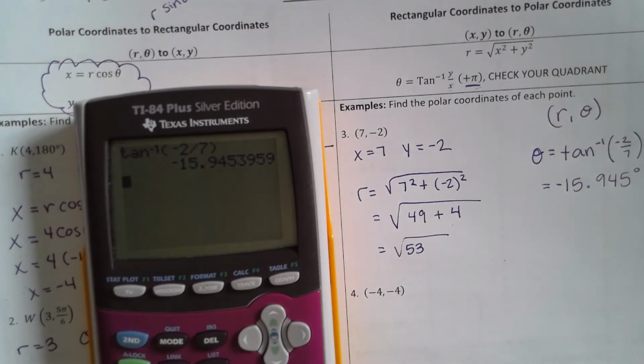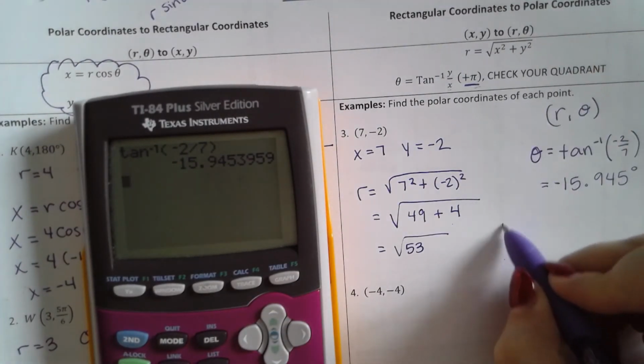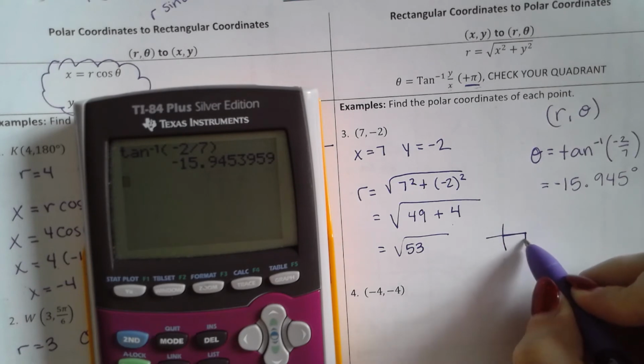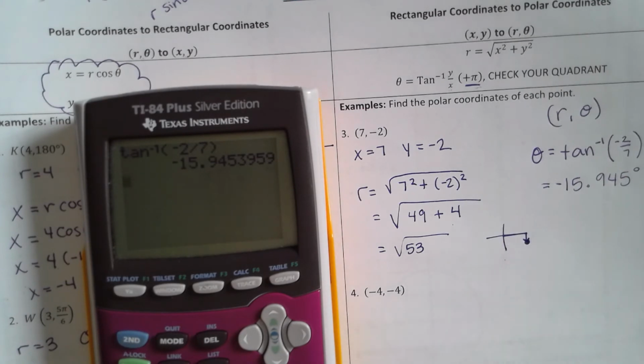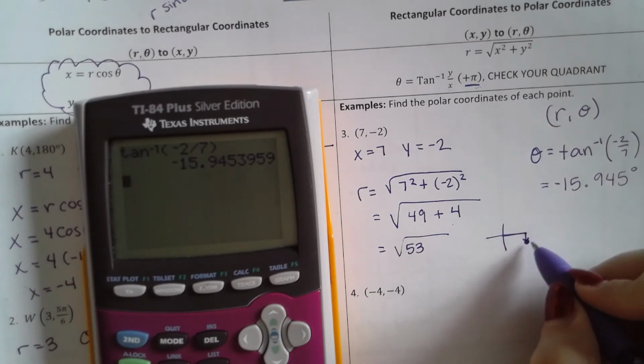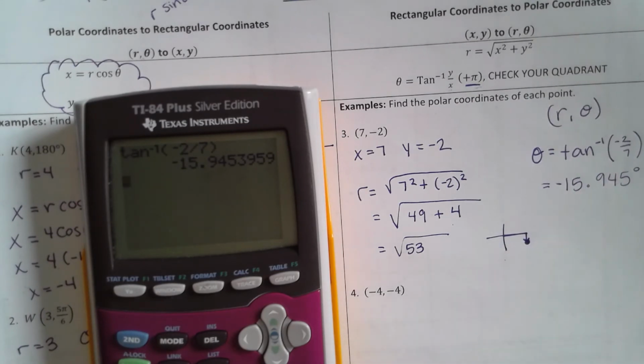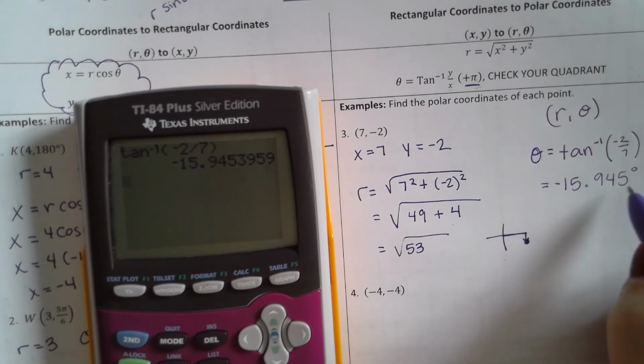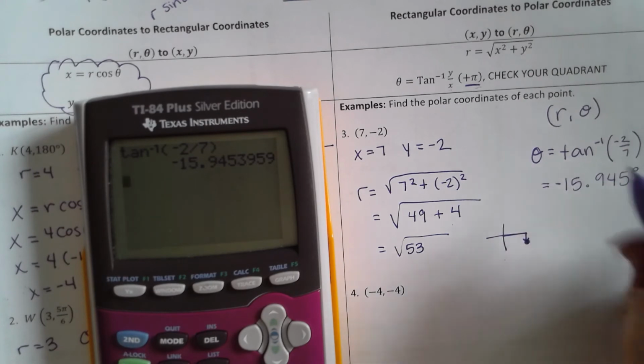Okay, but let's make sure that makes sense. 7 comma -2. So if we went 7 and then -2, we would be down here. Does that make sense, -15? Well, -15 would be in quadrant 4, so that does make sense. So we could use that. However, we always like to have our answers be positive.